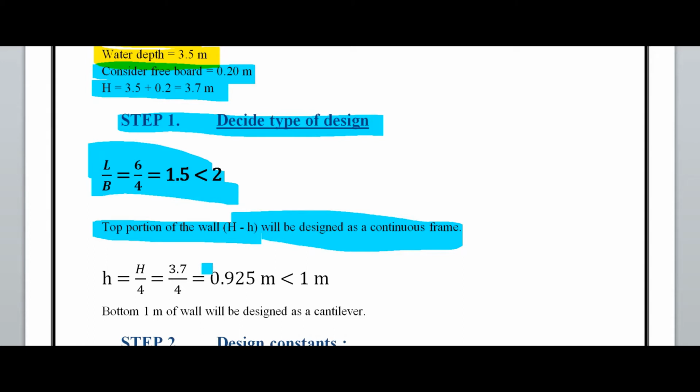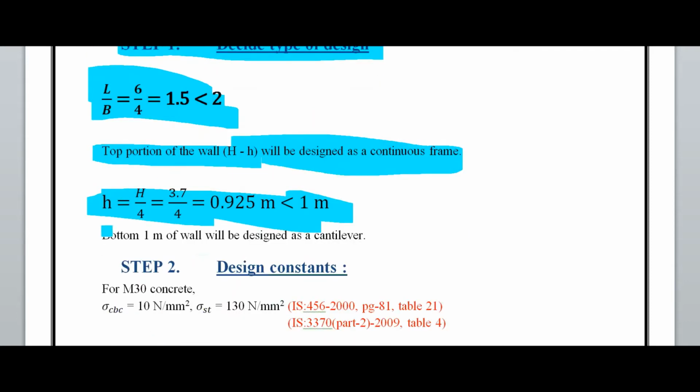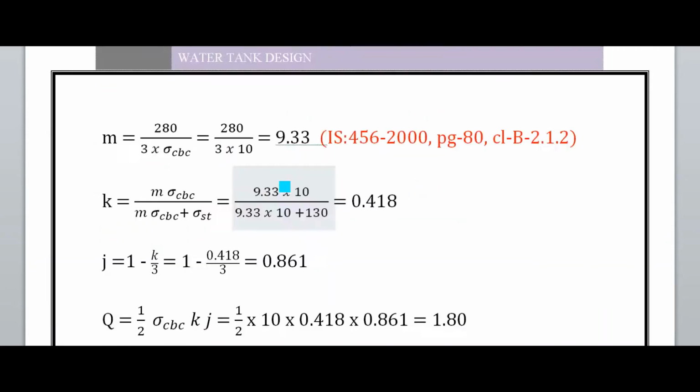The top portion is capital H minus small h. And the bottom 1 meter of the wall we design as a cantilever. I will explain how to calculate this.